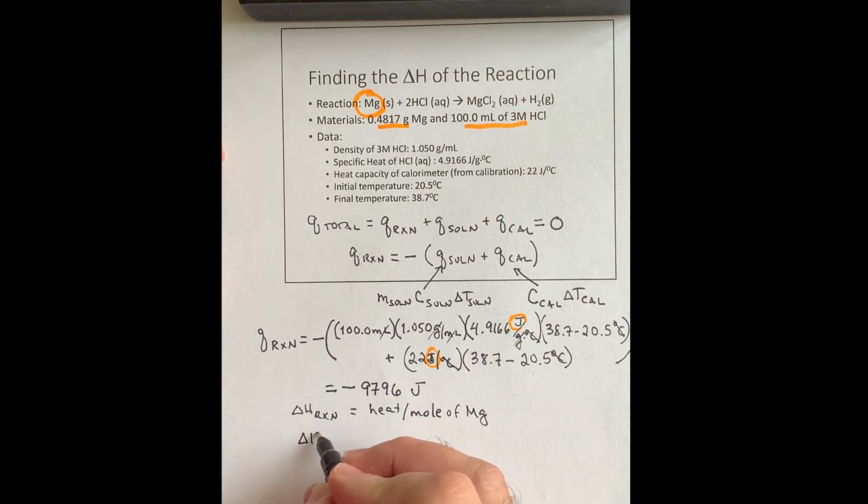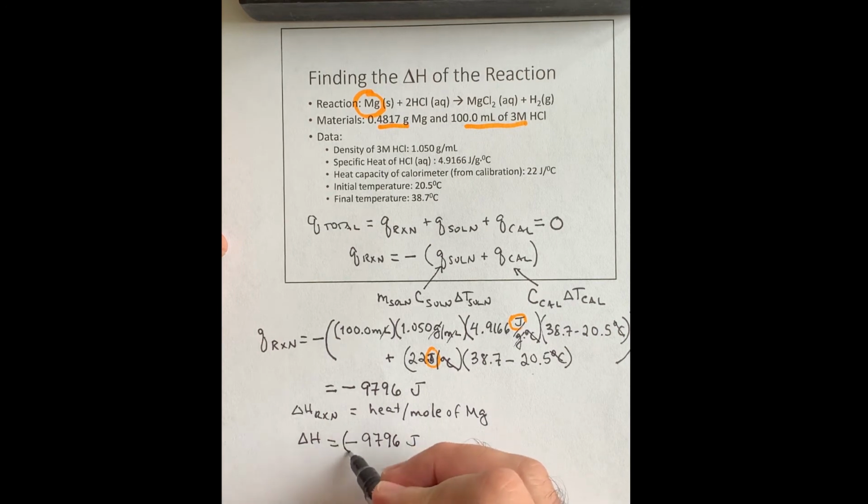So delta H, again, I'm going to leave this in my calculator, which I had calculated, and that's going to tell me minus 9796 joules. Typically, data for enthalpies are given in kilojoules per mole, so we have to convert this.